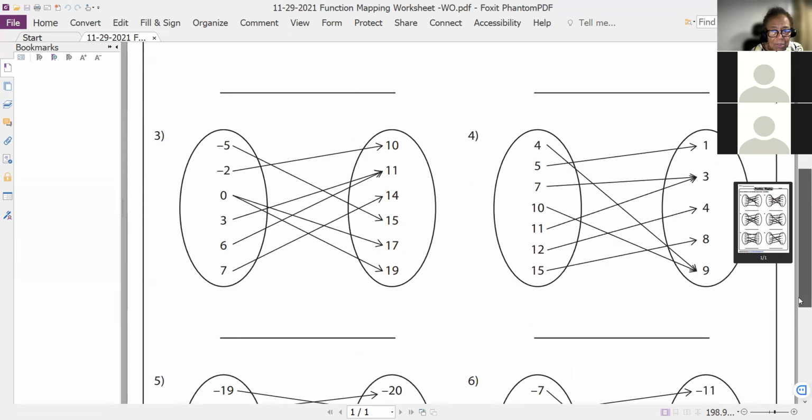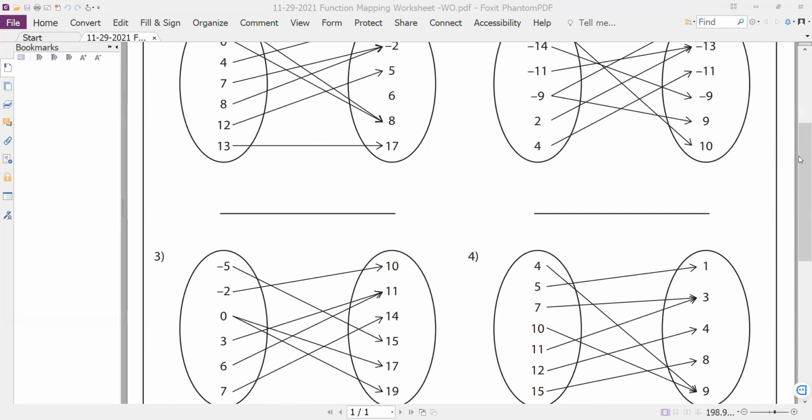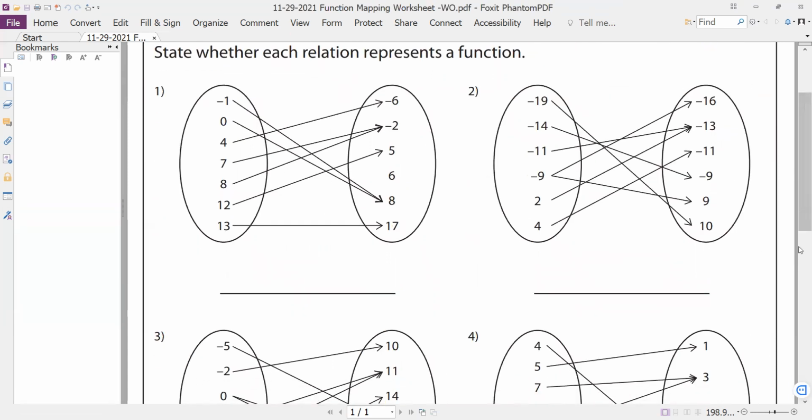I can't see it either. Let's see if I can. I'm trying. Okay. Now, can you see it? I blocked out the video panel. Can you see number 2?